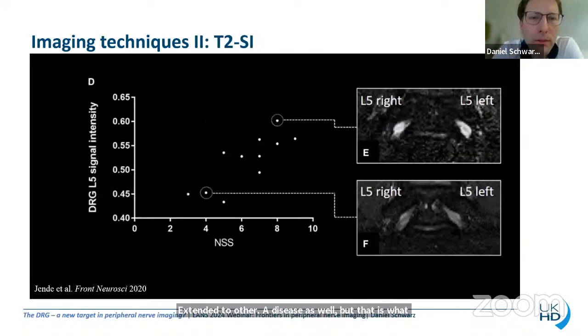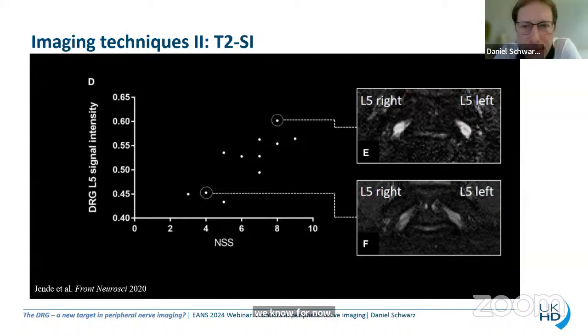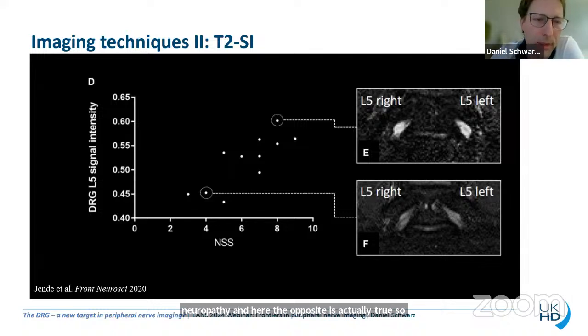And now going to the T2 signal intensity, which may not be as accurate as volumetry, because it depends on so many different parameters. This is again from the same paper on diabetic polyneuropathy, and here the opposite is actually true. So here we see that with increasing symptom severity of the neuropathy, we see an increase of the signal intensity of the DRG.